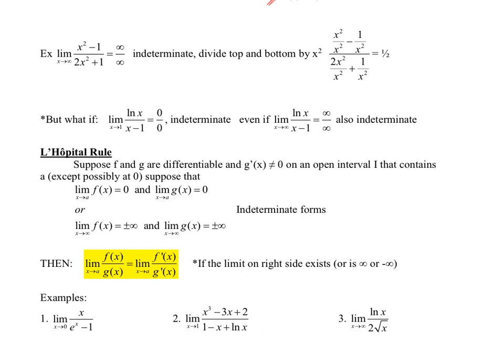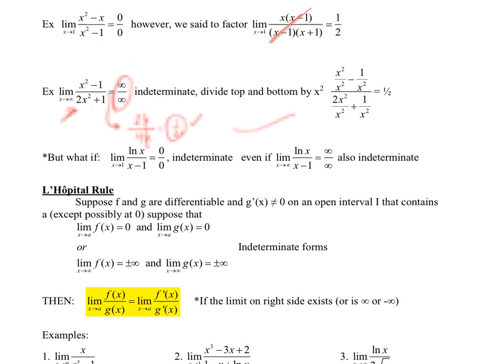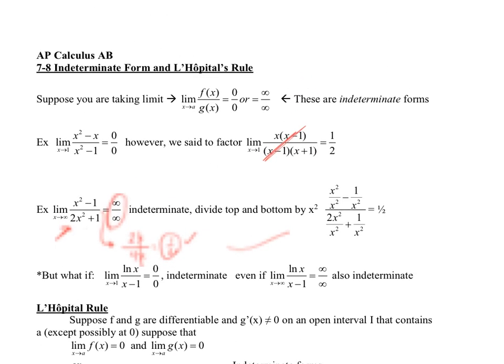So let's just do that on this example that we had right here. I got an indeterminate form, but now he's saying take the derivative of the top, which is 2x minus 1, and take the derivative of the bottom, which is 2x.